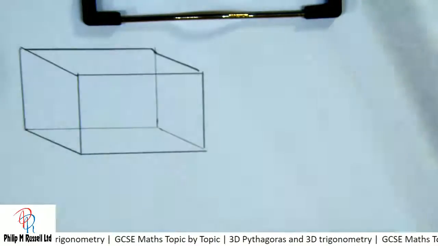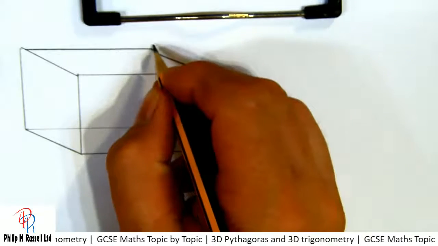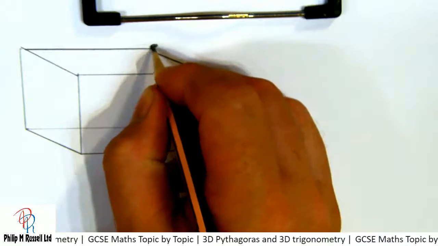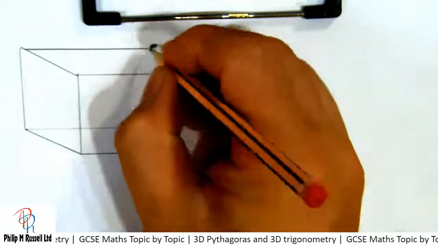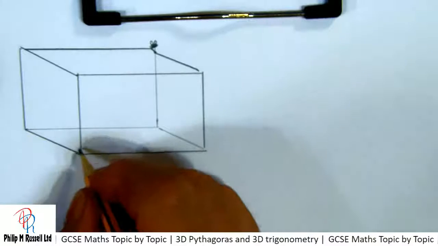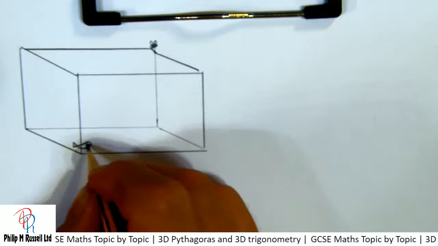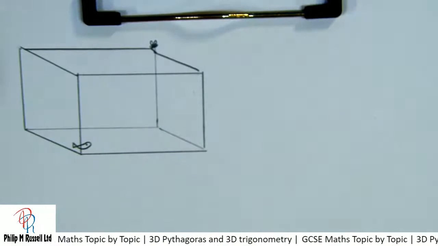And let's imagine in this little diagram that we've got a juicy fly sitting up here, and my fish is sitting down here.